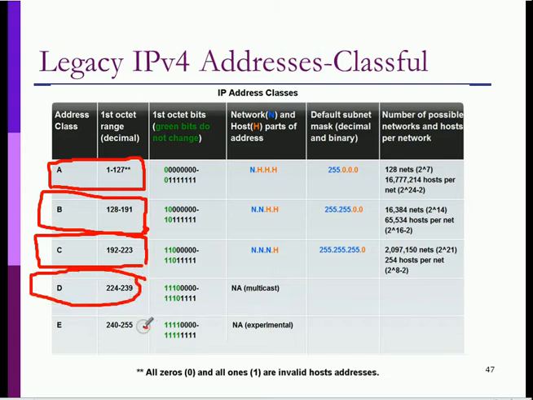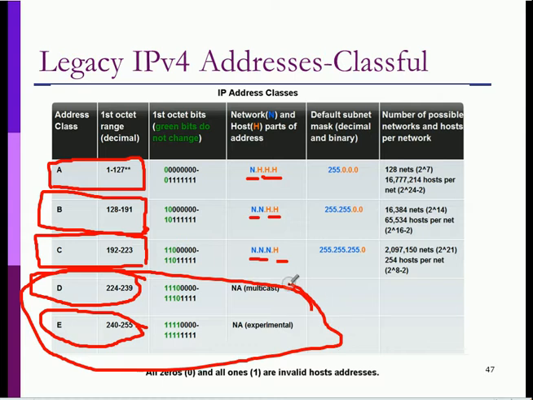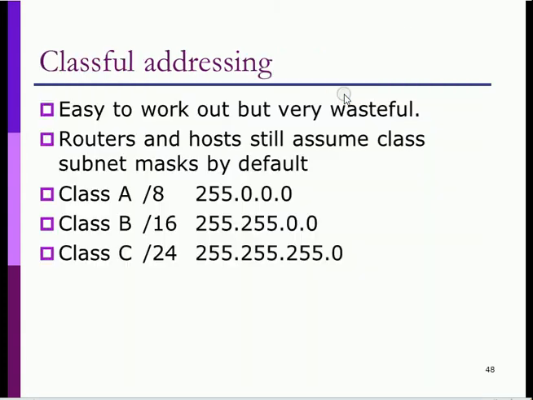Then D and E. So, as you can see, for class A, there is 1 for network and 3 for host. For class B, 2 for network, 2 for host. For class C, 3 for network, 1 for host. And these are other addresses. These are not used for networks. So, the subnet mask would be like this for classes. Okay? So, let's move on and have some experiments.